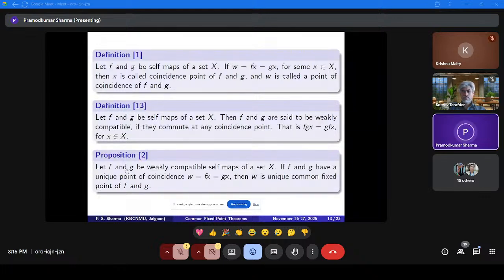This proposition tells us that if f and g are weakly compatible self maps on set X, and f and g have a unique point of coincidence, then that point of coincidence is the unique common fixed point of f and g. This proposition is important for proving the result.